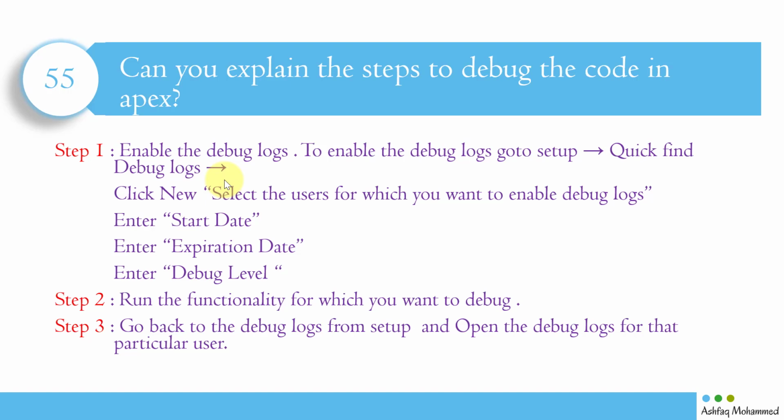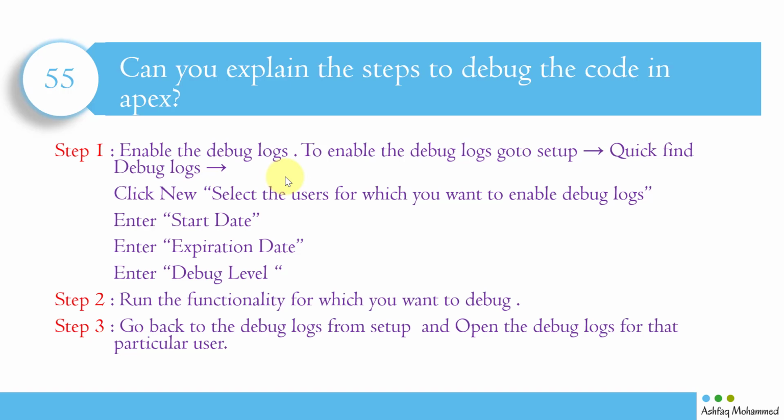He might not face some errors that the users will be facing because they have limited access. Maybe they might not have access to a particular field where our code wants to insert or update the data, or whatever it can be, right? So the very first thing, you have to go and set up the debug logs for that particular user. Okay, I'm stressing many times, you have to enable the debug logs for that user. I will show you the screenshot.